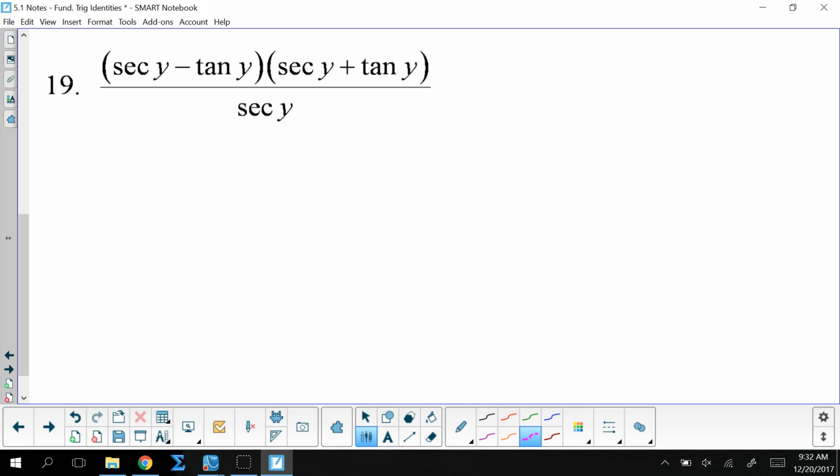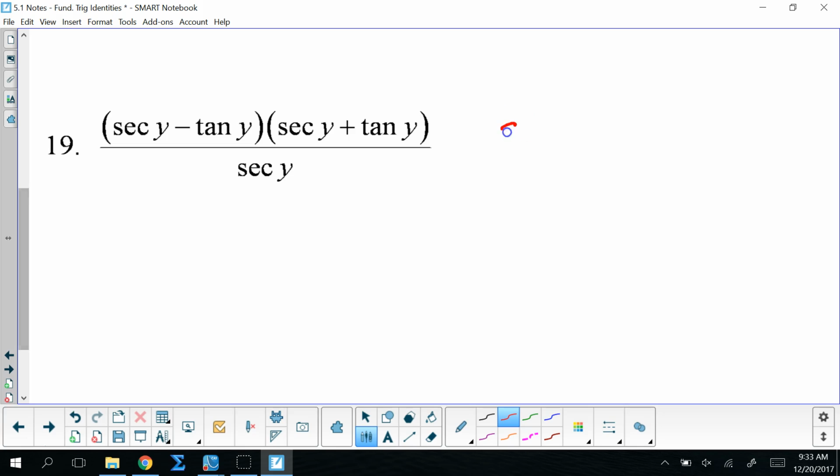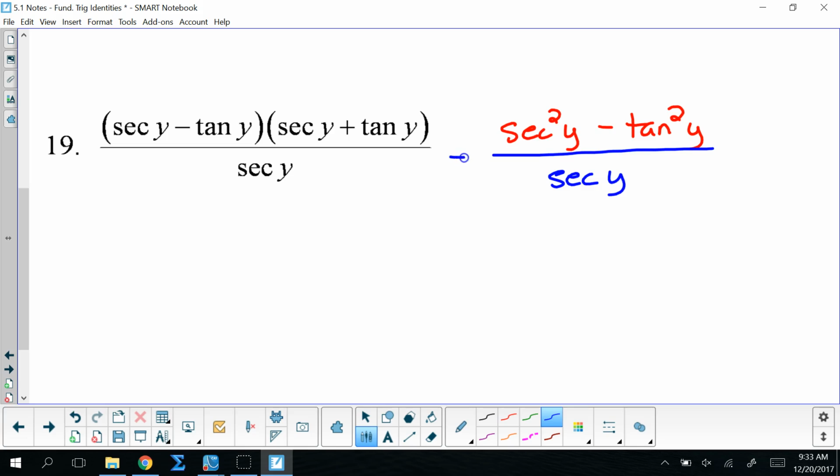Alright, so this would become, on top, secant squared of y minus tangent squared of y, all over secant of y. Now, have you ever been watching one of those cheesy TV shows or movies when they're trying to defuse a bomb and they cut the wrong wire and the clock starts going faster?